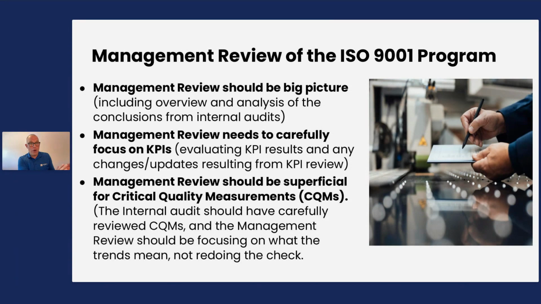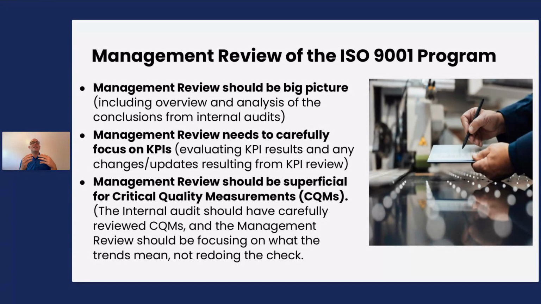So the internal audit already took care of it. Management review is not going to need to go through and reevaluate all of those measurements to make sure they're correct, we can be superficial. And by that, I just mean we're going to confirm that those measurements were internally audited and that we're okay. We see conformance at an appropriate level.